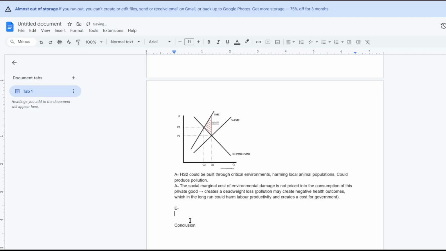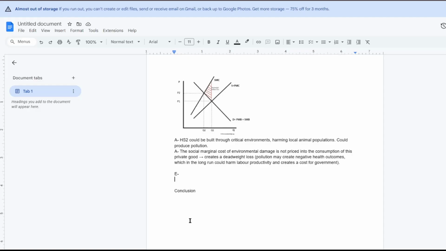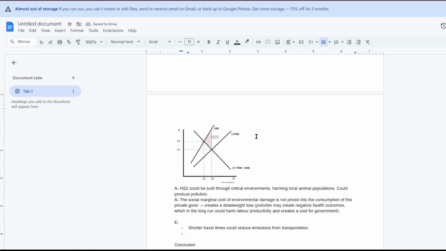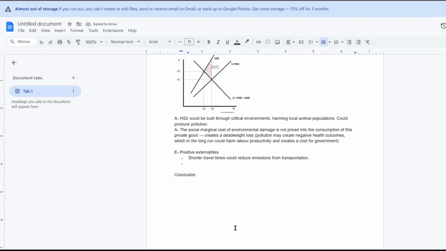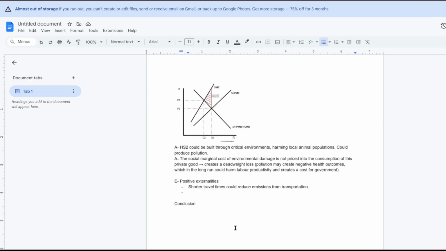Well, let's think in terms of how we could evaluate this, right? One evaluation might be shorter travel times would reduce emissions from transportation. So maybe we are creating positive externalities as well. Maybe that will be the focus. So positive externalities. Gosh, could we slip a third diagram in? How thrilling. What are other positive externalities associated with this, right?